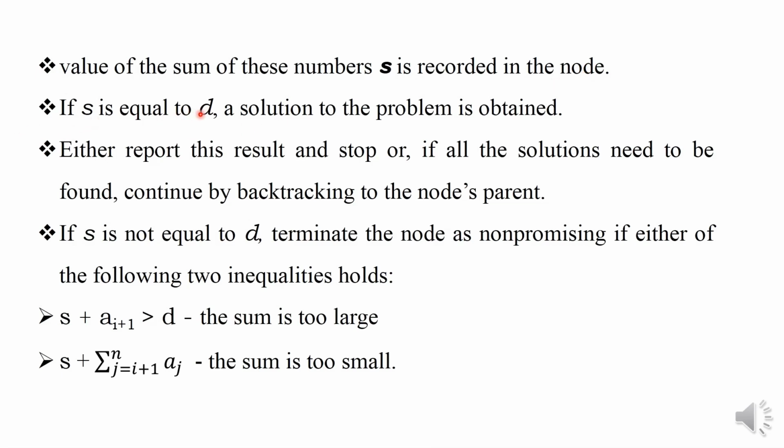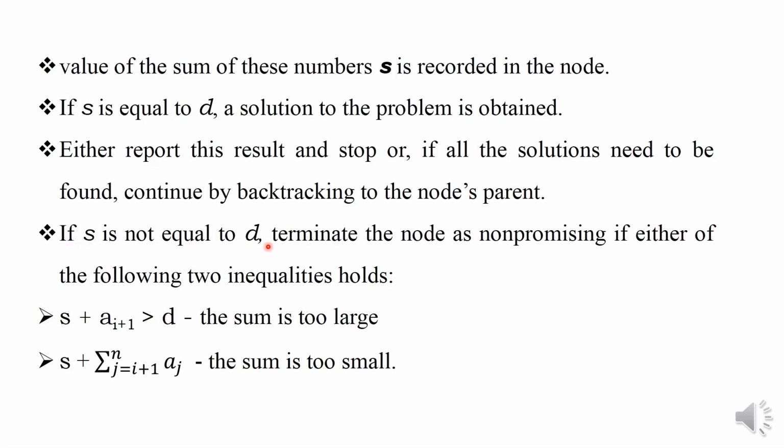So if S is equal to D, it indicates a solution for the problem has been obtained. That means you have got the subset. Either report this result and stop, or if all the solutions need to be found, you need to continue by backtracking to the node's parent and expanding other possibilities to generate other solutions.